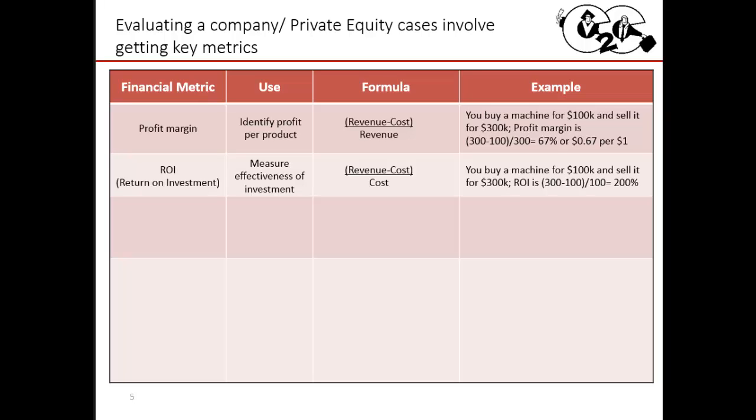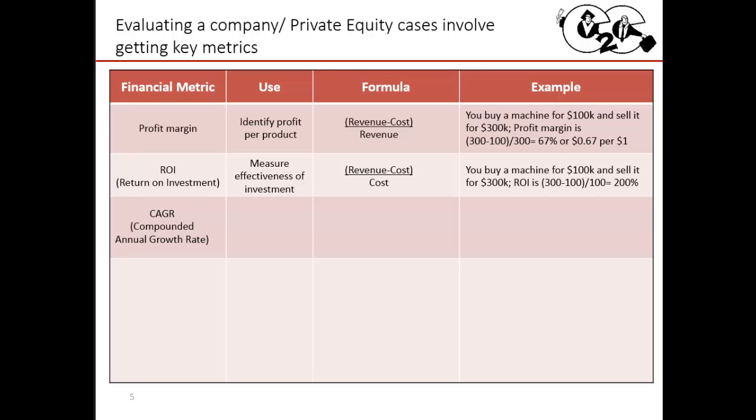So what this means is for every dollar that I put in, I effectively got $2 back, for a 200% return on investment. Okay. So those two are formulas that you might be asked to calculate, or you should know how to calculate, because those are not hard to do at all.